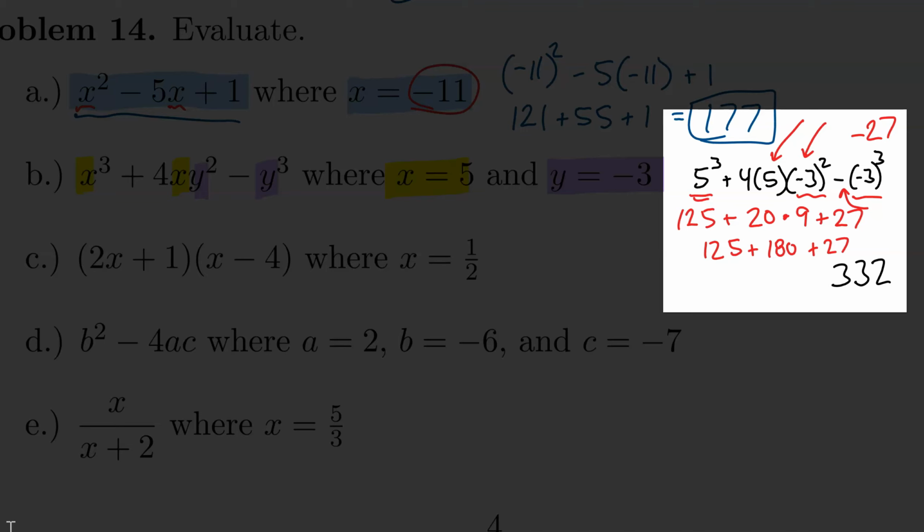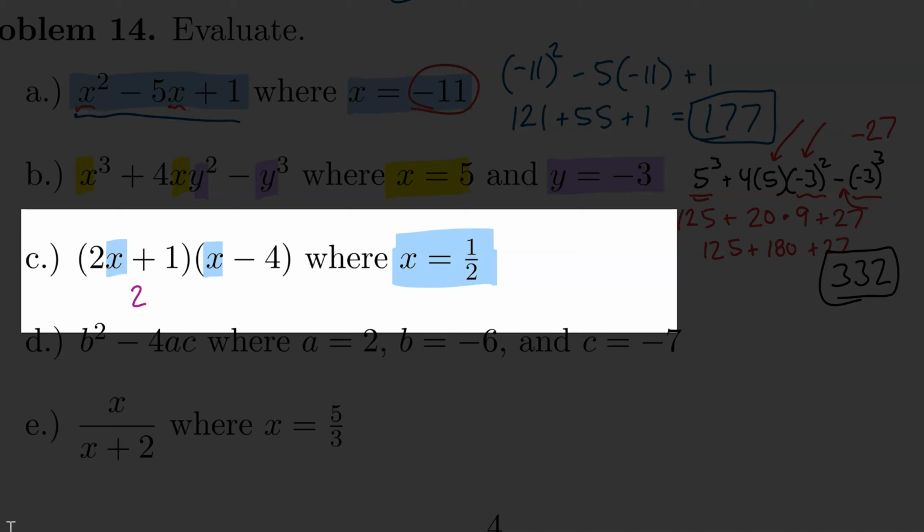In my next example, I want to substitute this fraction for each of the x's. Doing so gives me 2 times 1/2 plus 1. And then that whole expression is multiplied with 1/2 minus 4. So from this first part of the expression, I end up with 1 plus 1.